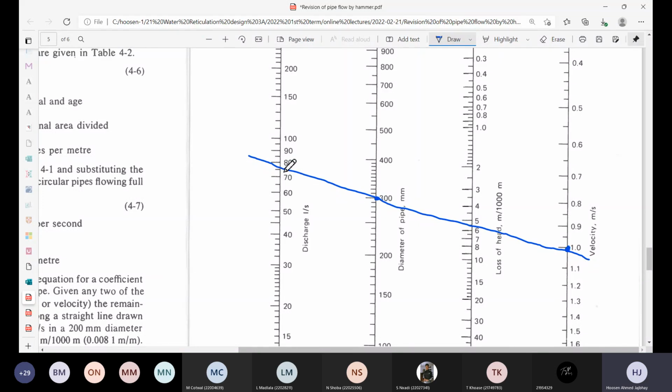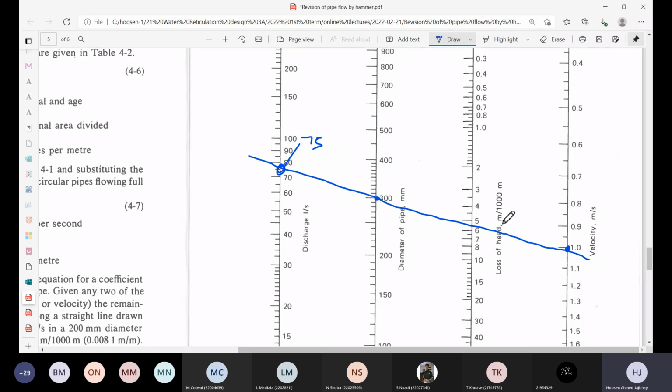From this nomograph, I can then predict that the discharge in that pipe is around 75 liters per second, and the head loss in that pipe would be around 6.5 meters per 1,000 meter length of pipe.